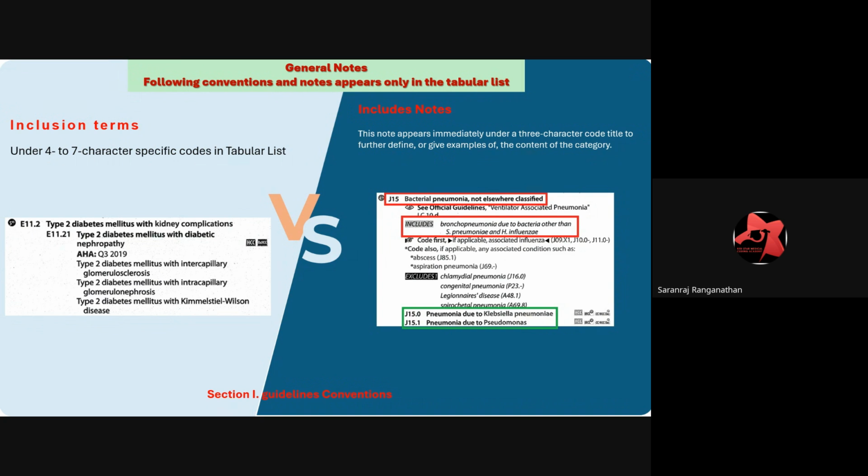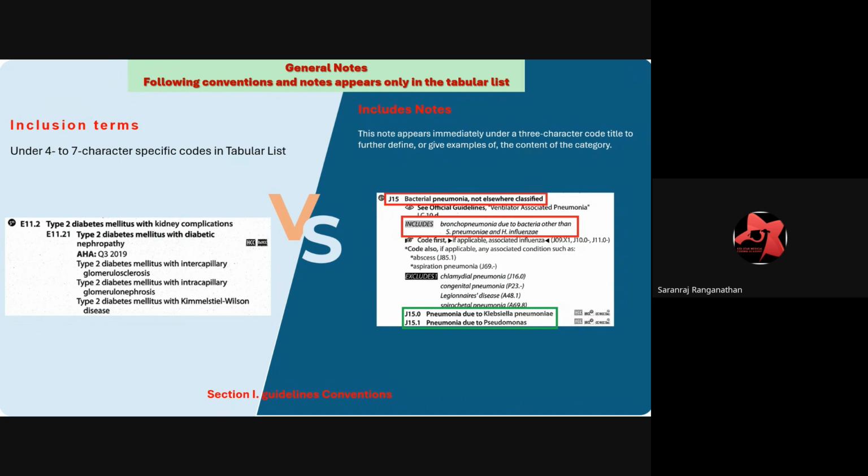The pathophysiology is the same, and I'm just calling it in a different way. It is like one house with different addresses. My address, my brother's address, my mother's address, everybody has to come to my house only. Same here. Inclusion terms will give you different descriptions for the one ICD code.